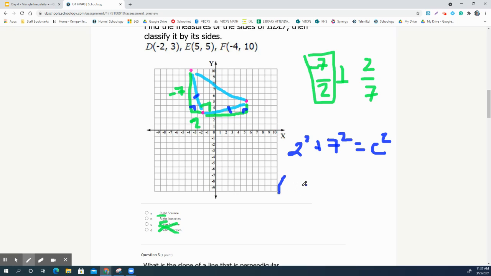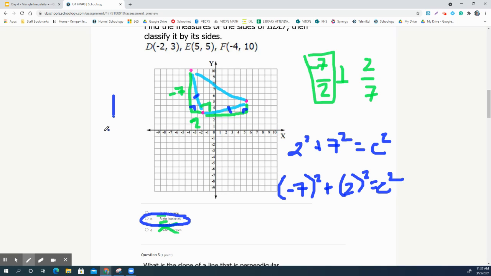And if I do -7 squared plus 2 squared, that should also equal c squared. These are going to end up being the same equation because when you square a negative number and you square a positive number, you get the same thing. So this is a right isosceles triangle. There's just a lot of work to get there, right?